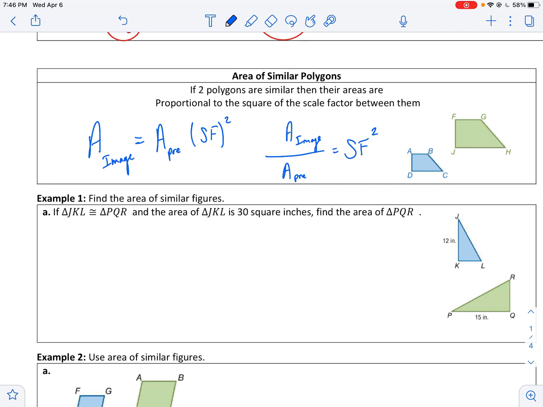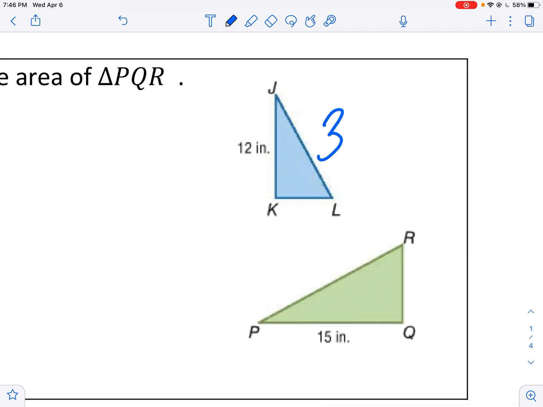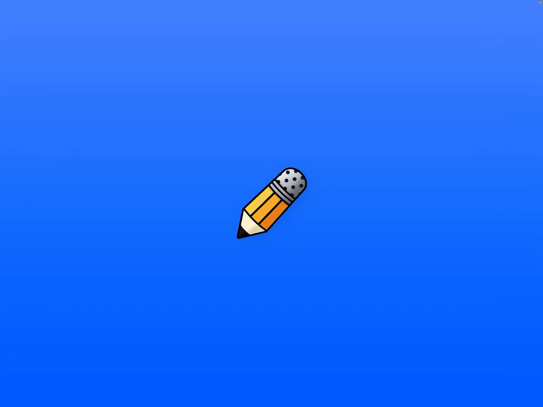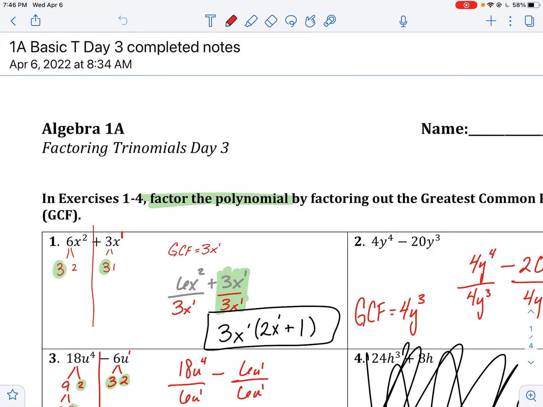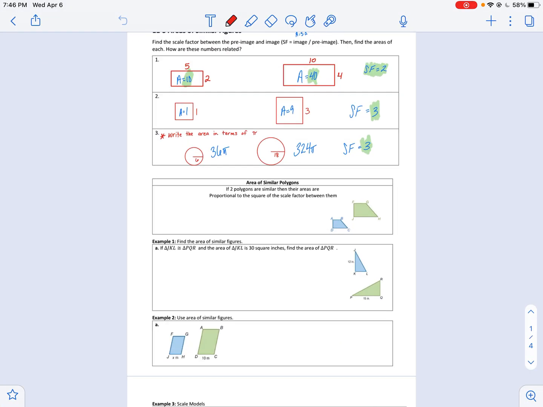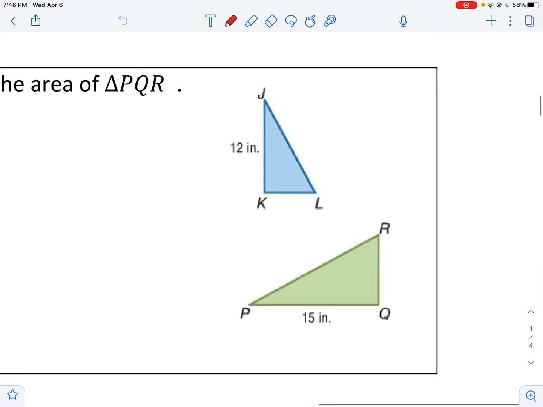Let's look at some examples. If these are my two triangles, they're similar. My triangle JKL has an area of 30 square inches.